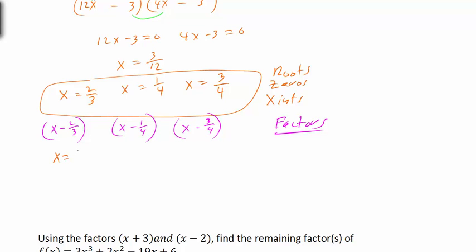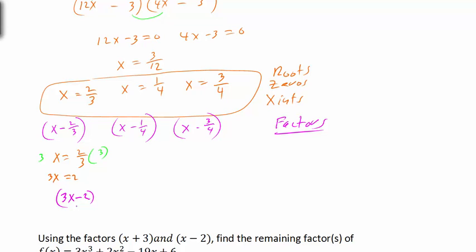If we have x equals 2/3, we could certainly multiply by 3 on both sides. And if we do that, you'd have 3x equals 2. And then to get rid of the 2, we could subtract that. So then we would end up with 3x minus 2.